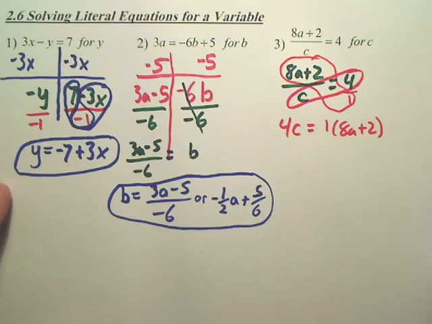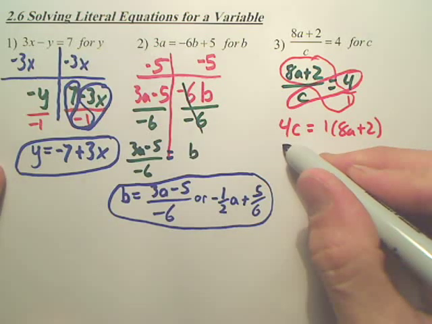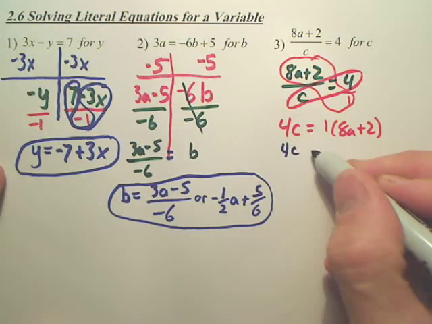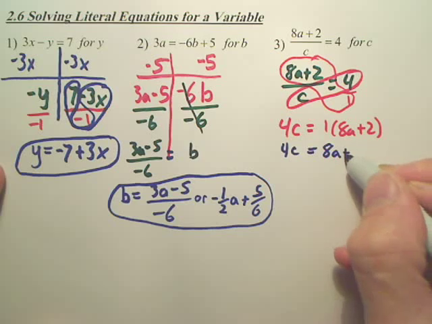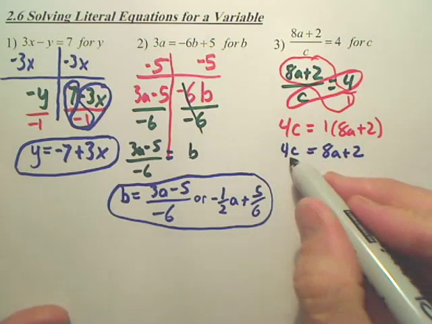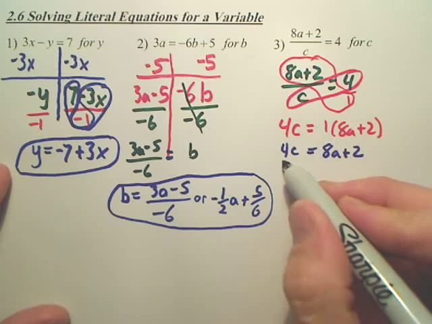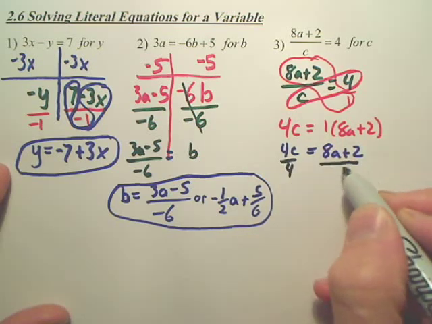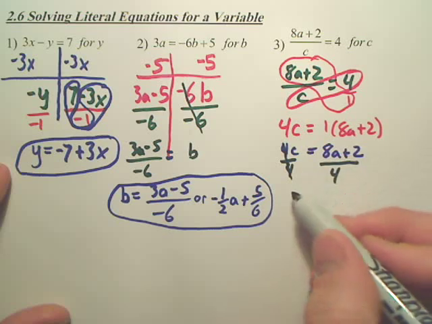Is that 1 going to change anything? No. That won't change anything, so we end up with 4c equals 8a plus 2. Okay. Well, how do you get c by itself? Divide by 4. You divide both sides by 4. Gone.